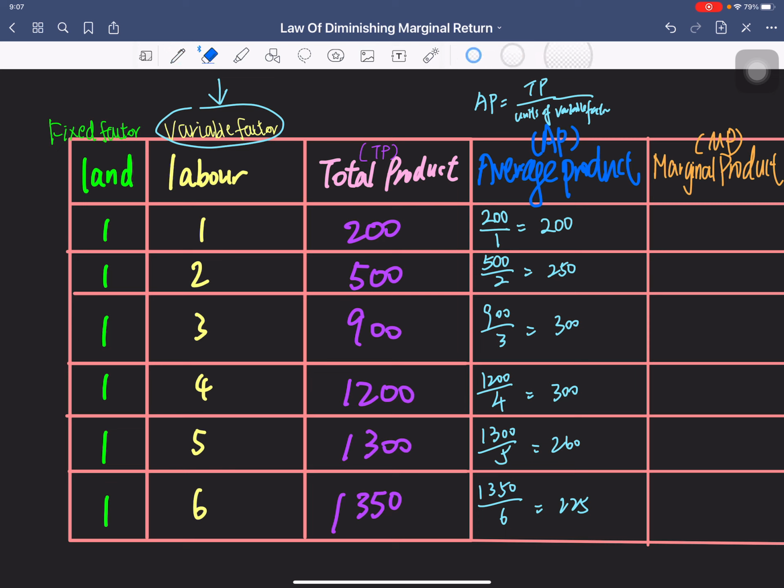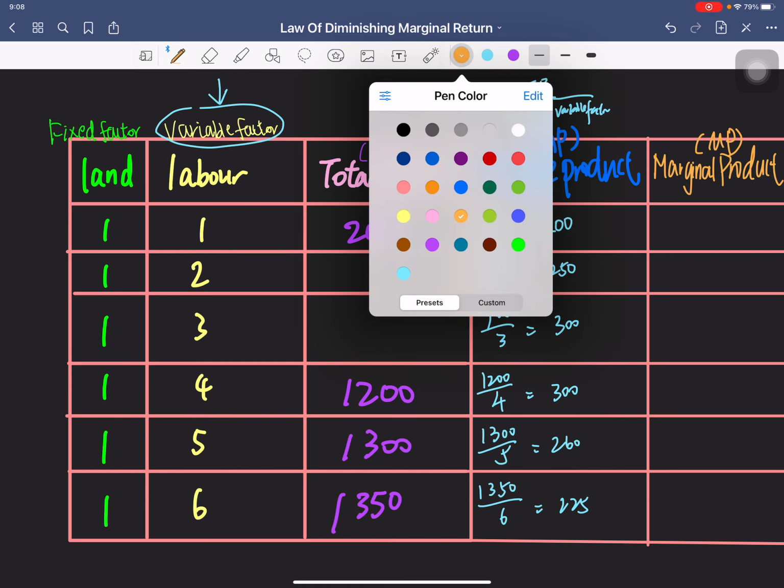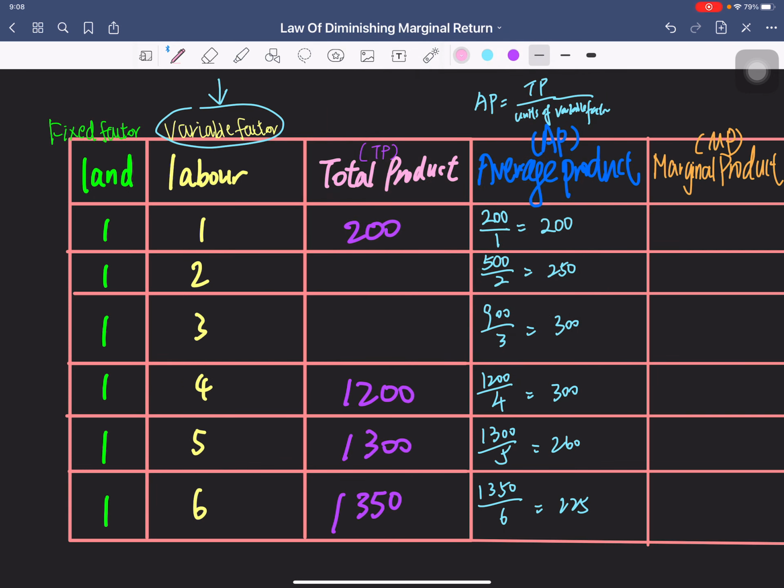Oppositely, if you are only given the average product, then you have to find the total product, the missing boxes. How can we find it? We just have to do it the opposite way, change it mathematically, and then you will notice the total product equals our average product times the units of our variable factor.